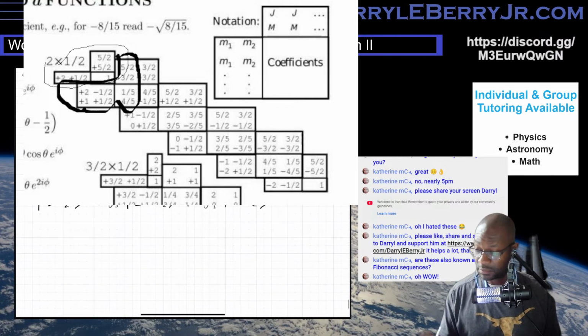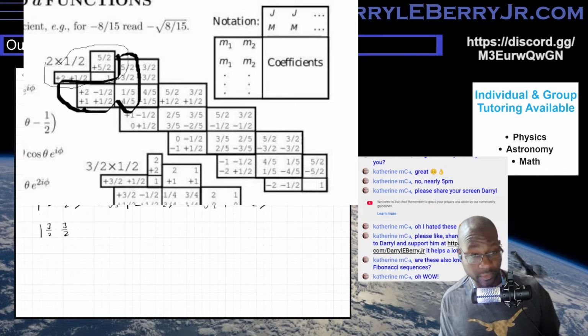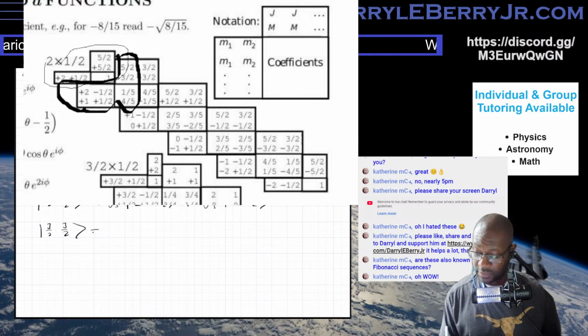So the next one would be J of 3/2, capital J, and capital M of 3/2. I believe that's positive. I think my ink wrote it over. Yeah, it's positive. And that's going to equal square root of 4/5, and we're going to get our +2, minus 1/2.